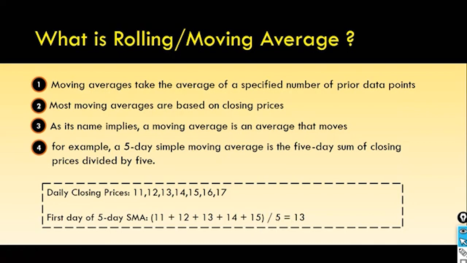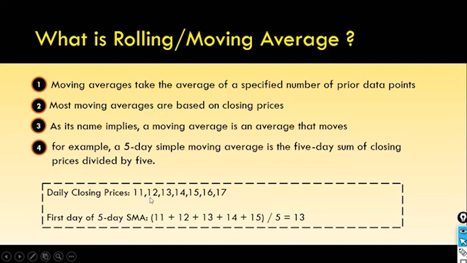If you want the second day of the 5-day moving average, we start from the second day and remove the first value. Then from there you take the 5 days' values, 1, 2, 3, 4, 5. We keep moving like this for each day.